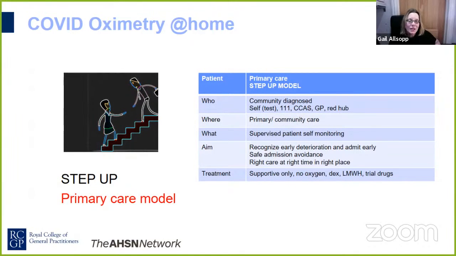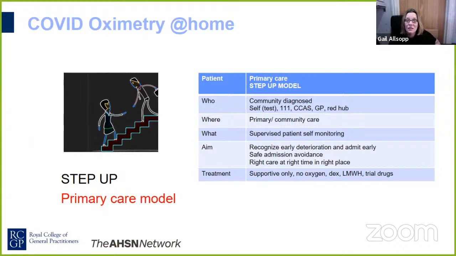I first thought I would start by talking about the terminology that we're going to be using today, mainly because over the last few weeks, there's been a second model being developed, which may have caused some confusion. So this webinar is COVID Oximetry at Home. This is a step-up model from primary care, and this is very much centred in primary care. The patients will all be community diagnosed.